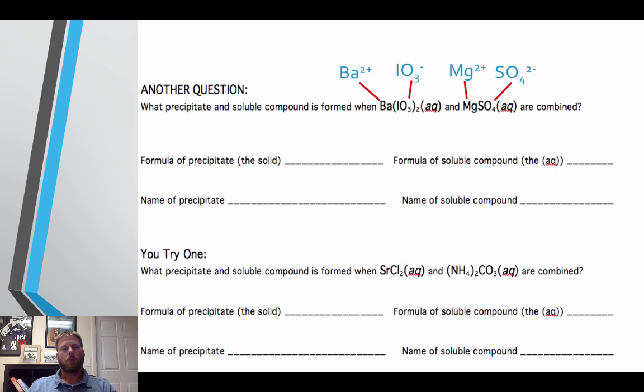To figure out what the products are, you're going to switch partners. The cation from barium iodate is going to match up with the anion for magnesium sulfate and vice versa. So we're going to get one possible product of barium ions and sulfate ions. The other product is going to contain magnesium ions and iodate ions.